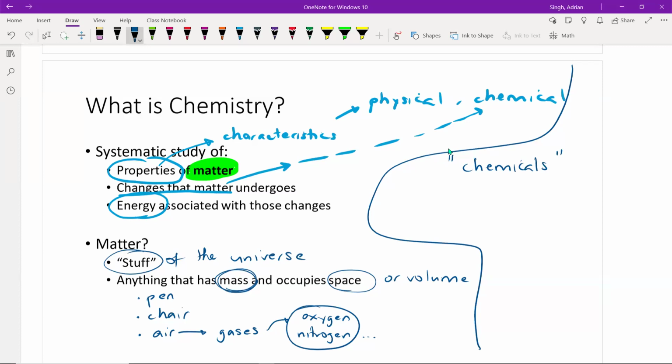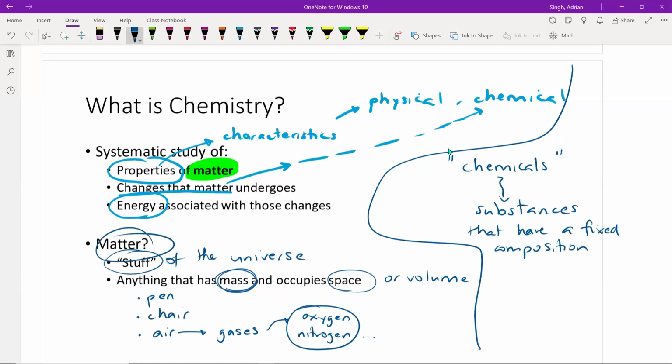But really what chemicals are is nothing more than substances. Okay. And substances that have a fixed composition. Okay. And by that token, matter would be an example of being composed of different types of chemicals.